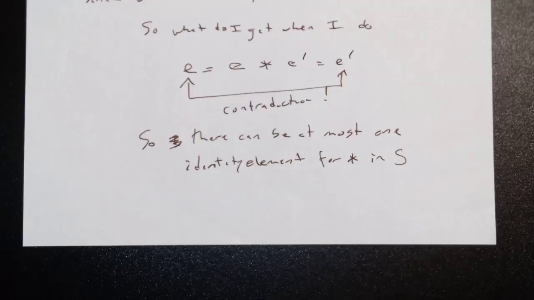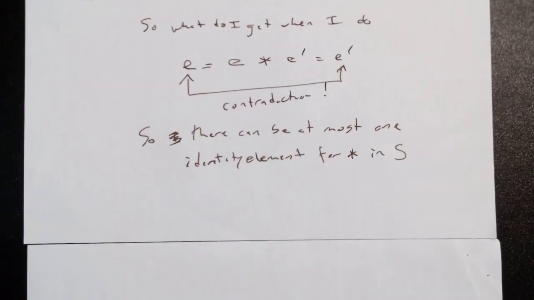If there's an identity, there can be at most one. Questions?